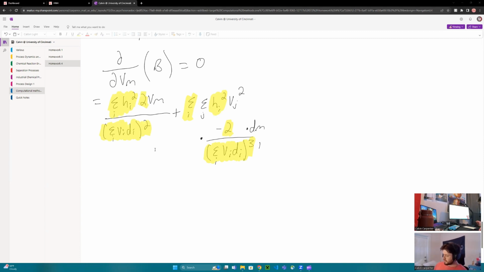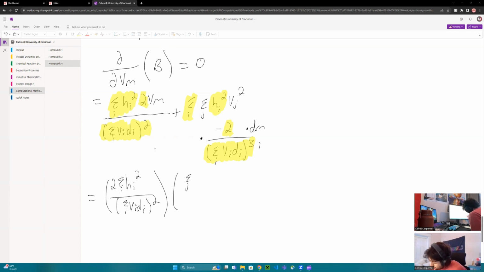So now if we take all that stuff out, we're going to be left with this. Yeah, that looks about right. Remember, this is equal to 0.